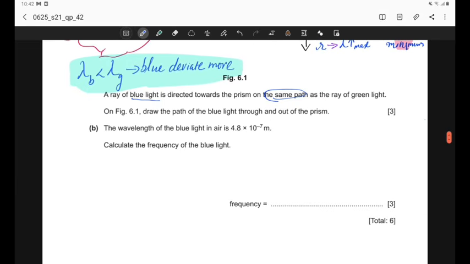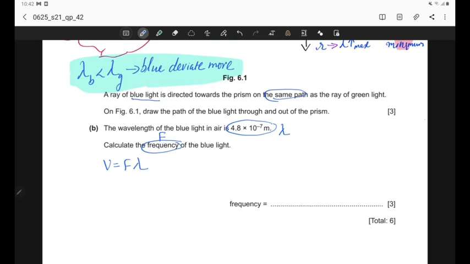Part B. The wavelength of the blue light in air is 4.8 times 10 to the power minus 7. So the wavelength lambda is given. Calculate the frequency of the blue light. Here, in order to calculate frequency, we can use the wave equation, that is, the speed of a wave is the product of frequency times wavelength.